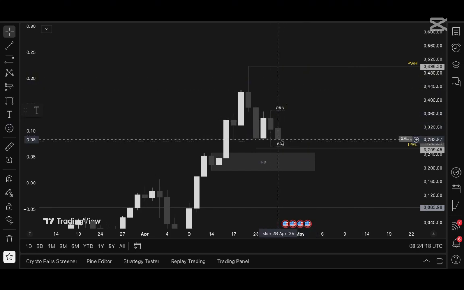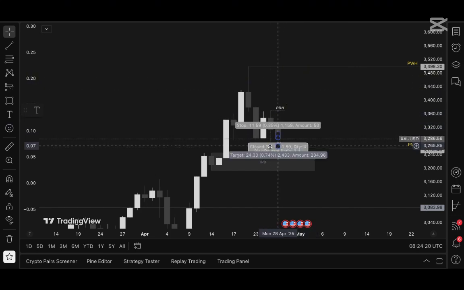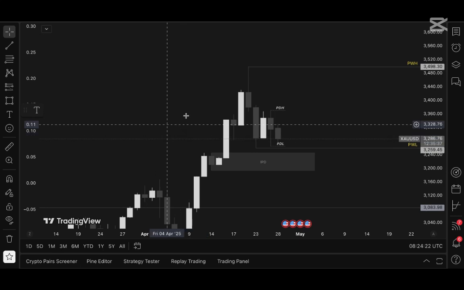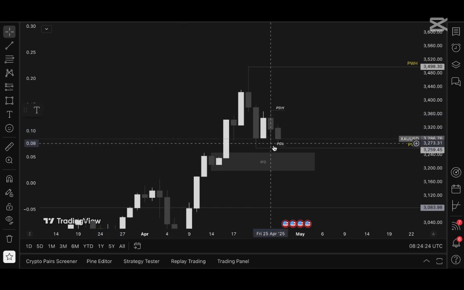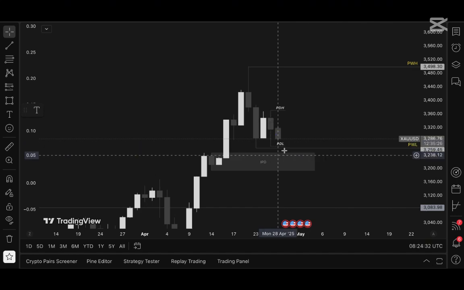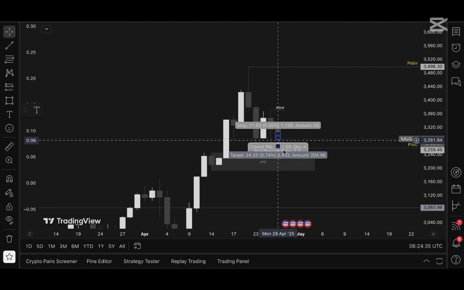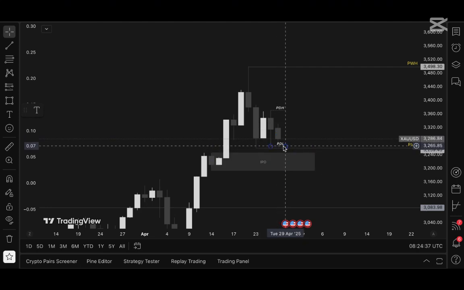Now, because price has not yet tapped into the previous weekly low, the previous week's low, which was basically the one that I just called previous daily low here, we have to wait for price to go all the way down here, take this level out, maybe tap into this level as well, and then move up.